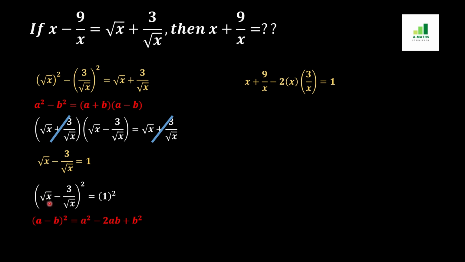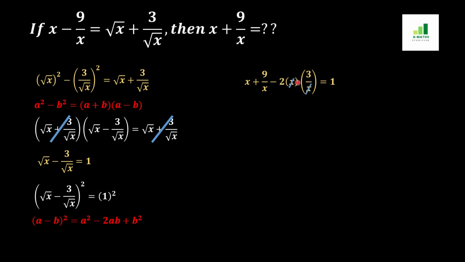So if under root x is a and 3 over under root x is b, then this value will expand in the form of x plus 9 over x minus 2 times under root x into 3 over under root x equal to 1, because when we apply square on 1, we will get 1.